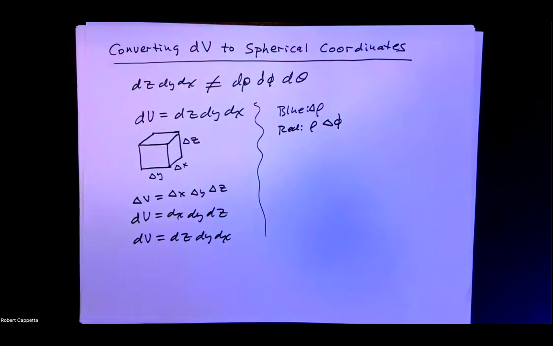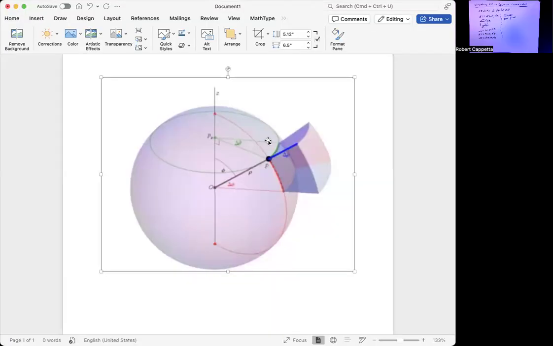But I have one more that I want to get. So let's take a look at that one and identify how we can figure that out. And that's this little green thing. The little green thing is going to take a little bit more work to understand. So what is that little green thing? We can see the angle it's moving through is the change in theta, but what is this distance?